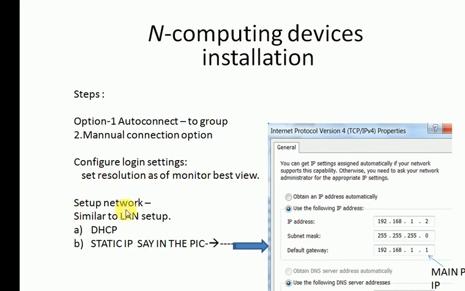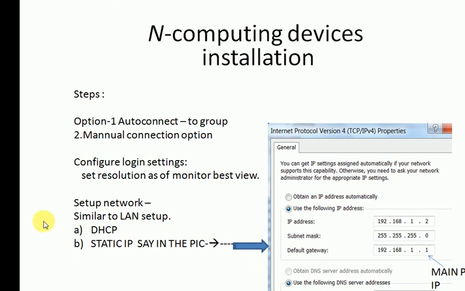Next is to set up the network, where DHCP and static IP are available. If it's static, then you will set the device IP and the server IP. Server means the main PC IP where the device is connected. In case of DHCP, you should choose obtain an IP automatically.